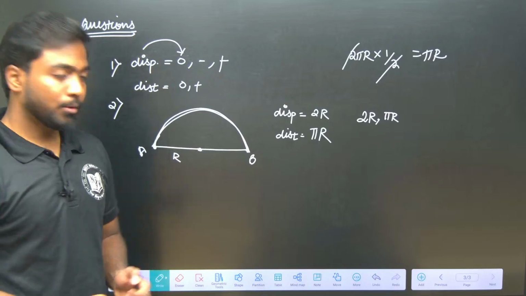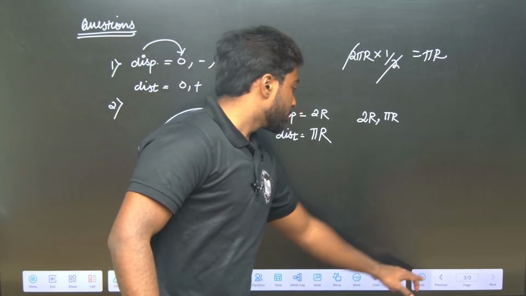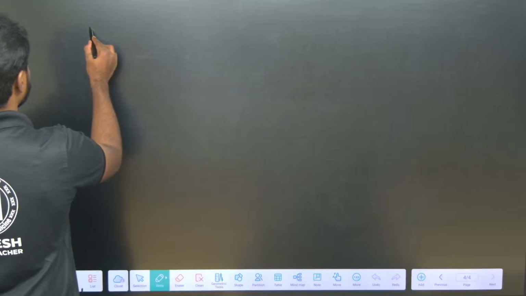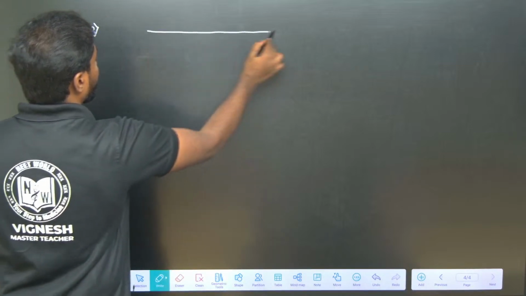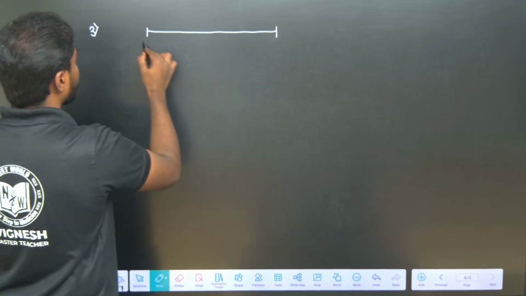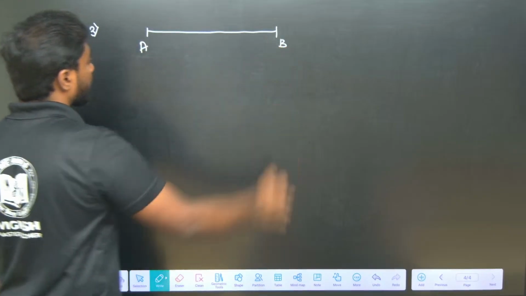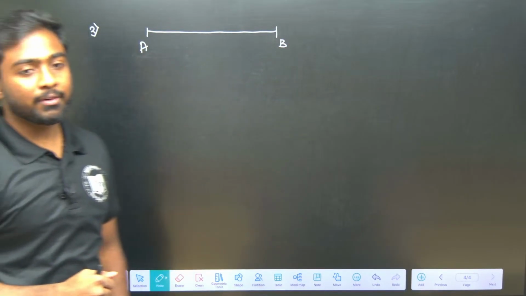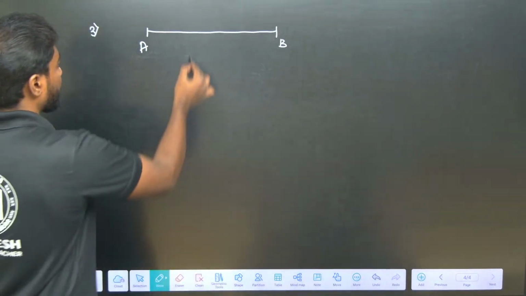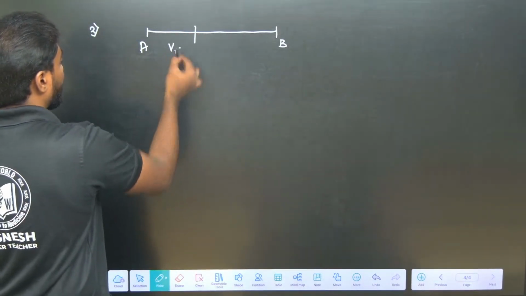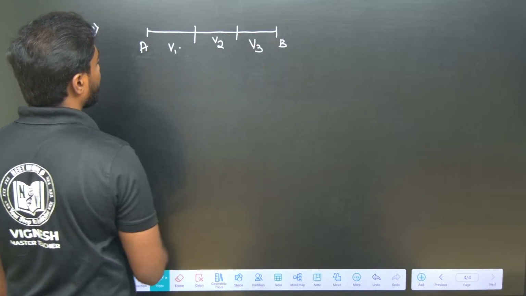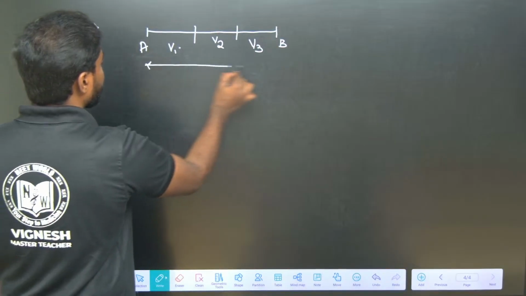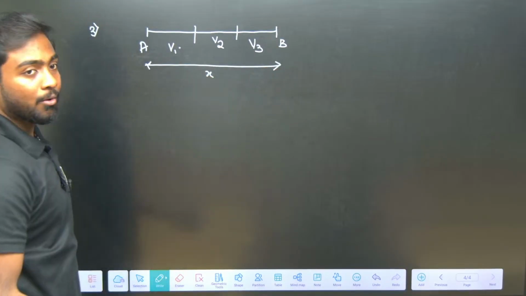Then okay, can we go for the next one? Here is the next question. A particle has travelled from point A to point B. This is A and this is B. The first one-third of the distance has been covered with velocity V1, the next one-third with velocity V2 and the next one-third with velocity V3. The total distance is x.